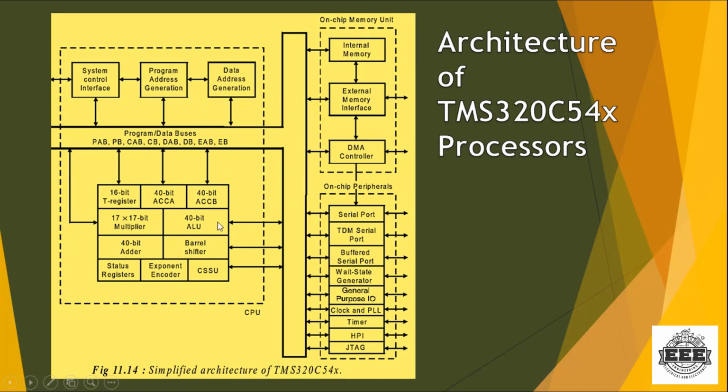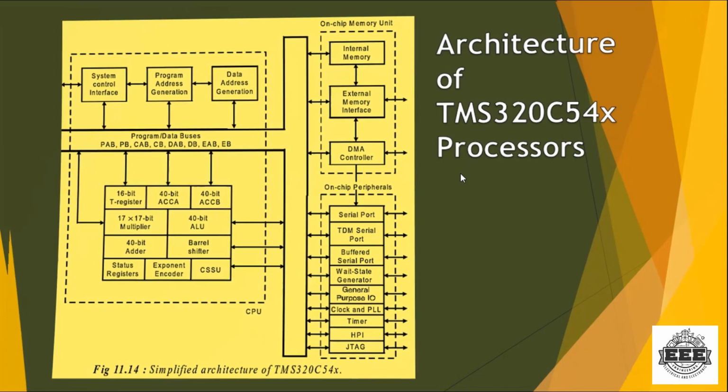This first part is called the CPU, the second part is called the on-chip memory unit, and the third part is called the on-chip peripheral unit. So these are the three main parts present in the architecture of the TMS320C54x processor.